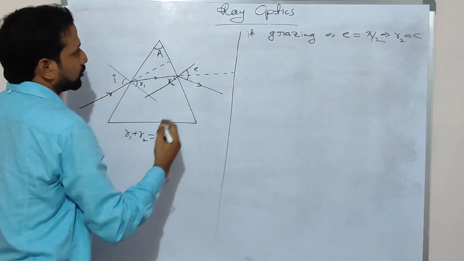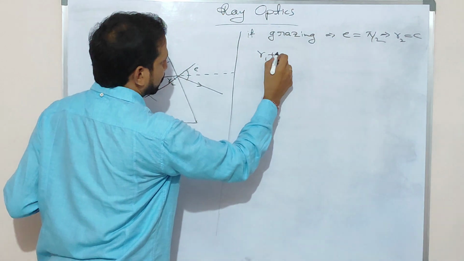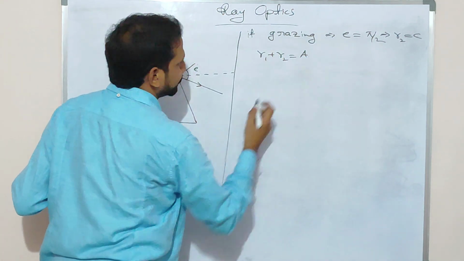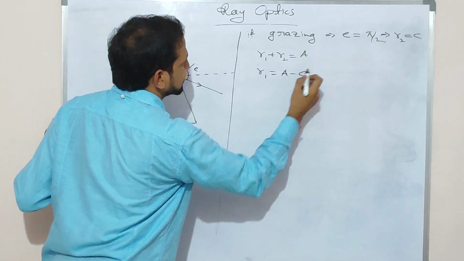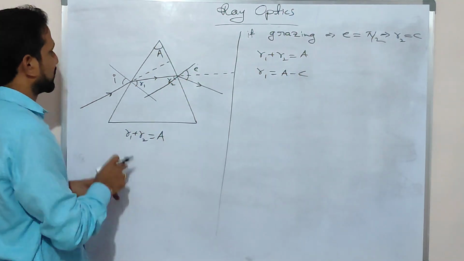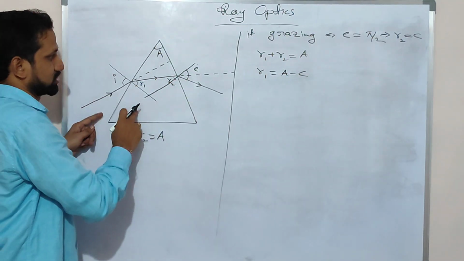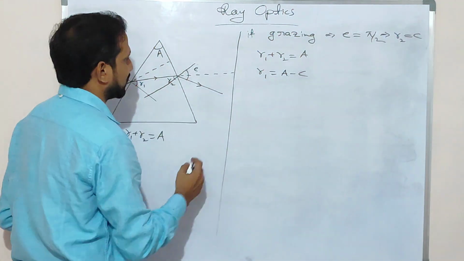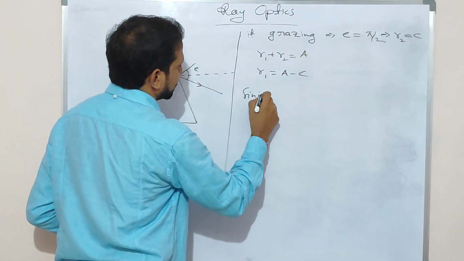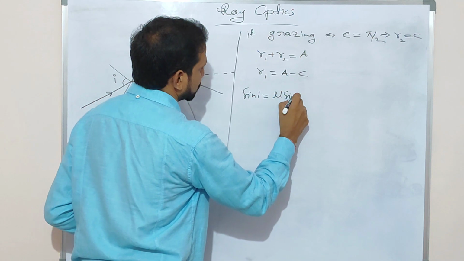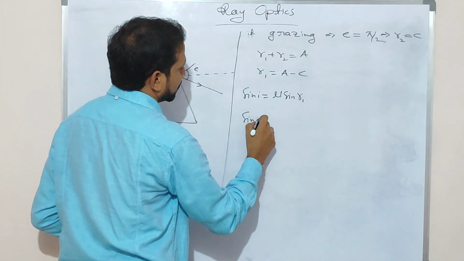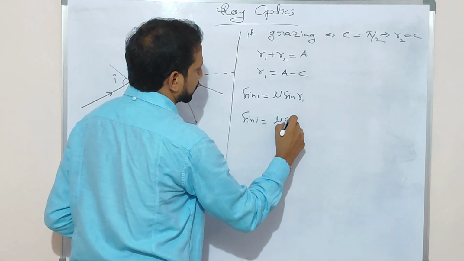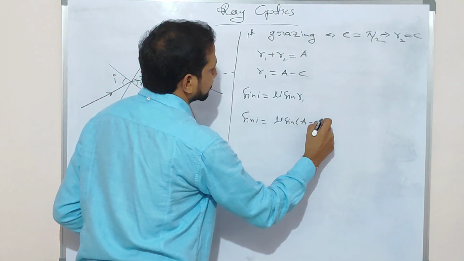If R2 is the critical angle, from the formula R1 plus R2 equals A, we can say R1 equals A minus C. We can apply Snell's law from the medium to the prism, which I already applied: sin I equals mu sin R1, and I can substitute here sin I equals mu sin (A minus C).